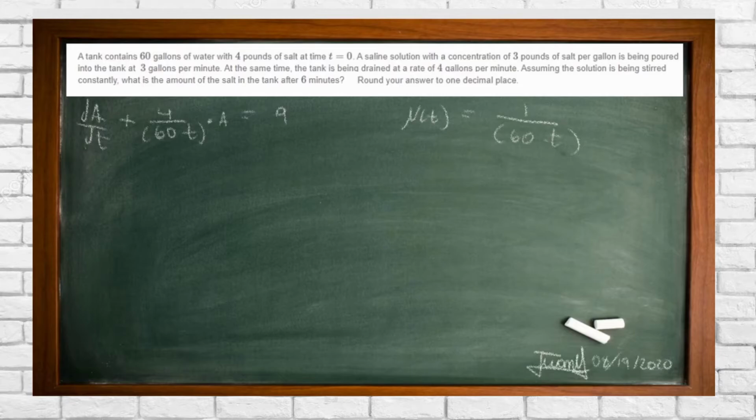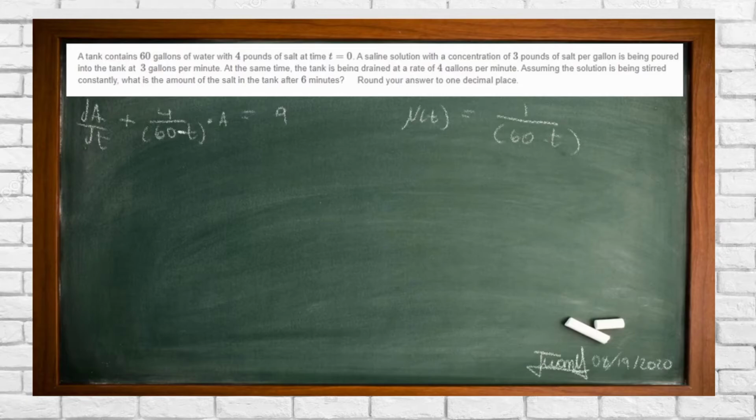All right, so we have our differential equation, dA/dt, the change of the amount of salt with respect to time, plus 4 divided by 60 minus t times A, which is equal to 9. So now the next step is to multiply everything in this equation by the integration factor.